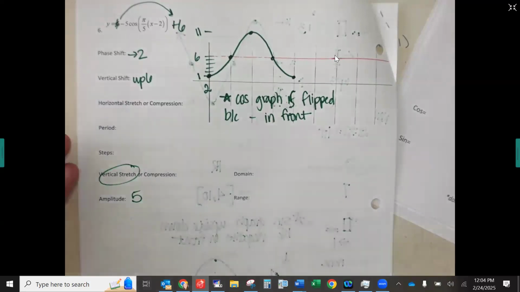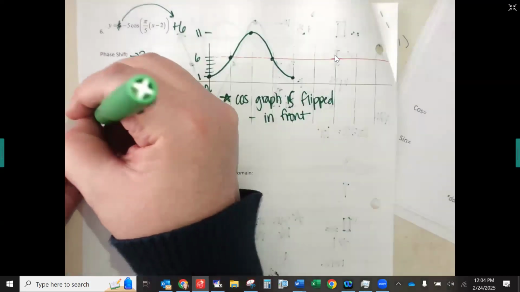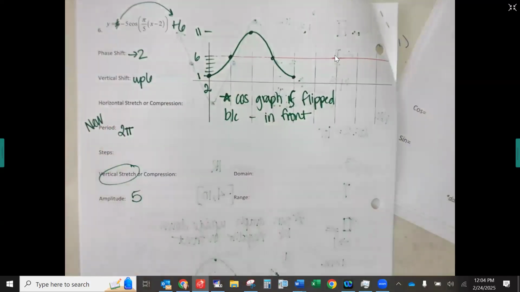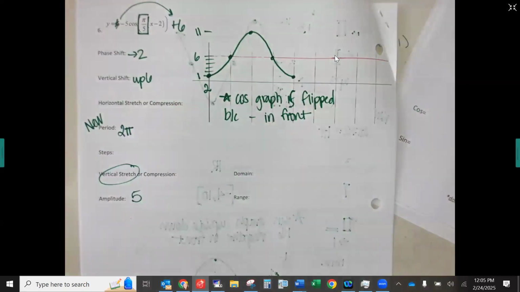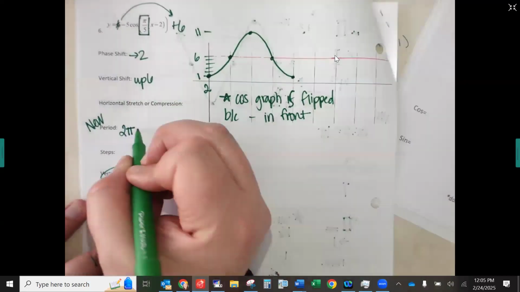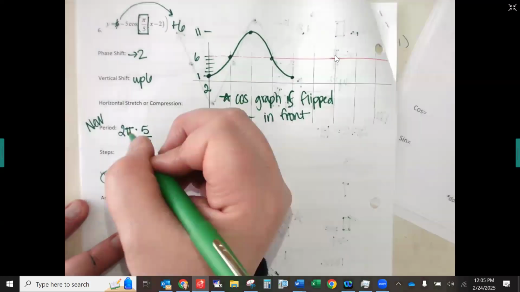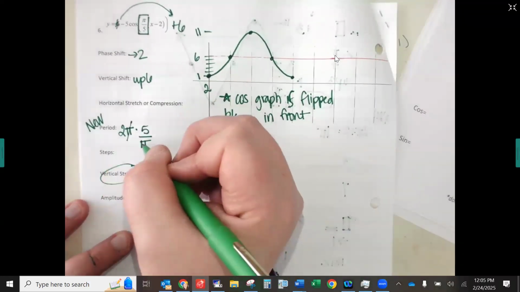All right, now let's do the period. So my normal period for a sine or cosine is 2 pi. But if there's a number between the parentheses, I have to change it. They put a pi over 5 in that position. How do I do the reverse effect of a pi over 5? 5 over pi. And then what's going to happen to your pi's? Cross out, right?